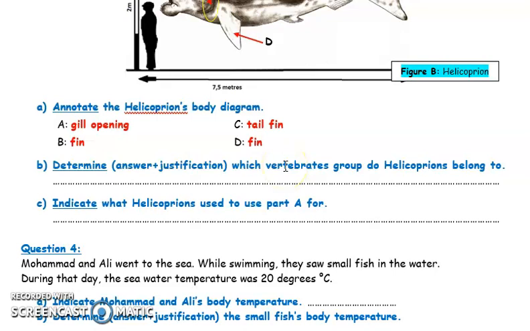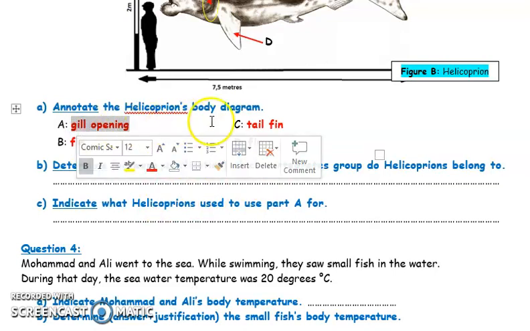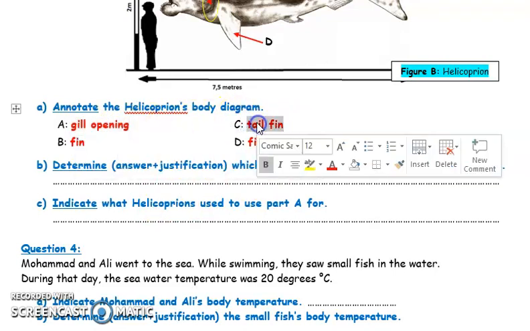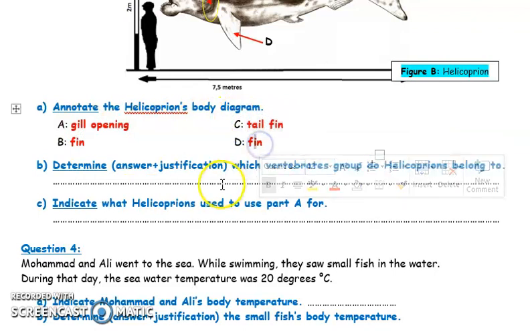Which one of these groups do Helicoprions belong to? Didn't you see that this animal has a gill opening? It also has a tail fin and a fin. So what is it? It's for sure a fish.